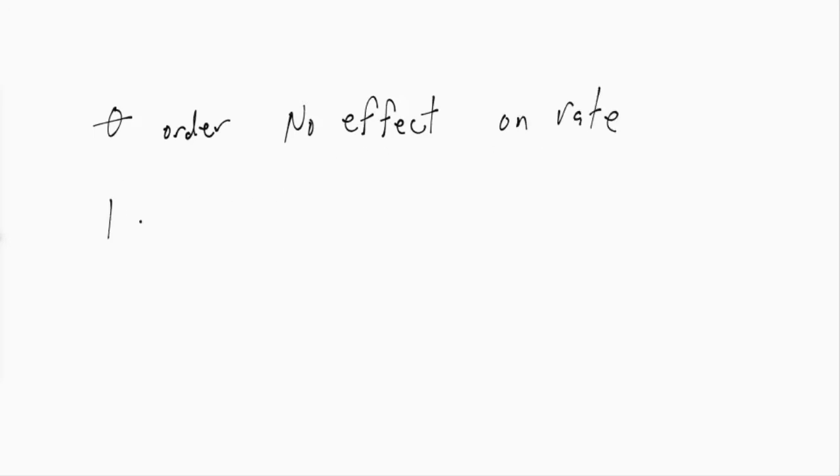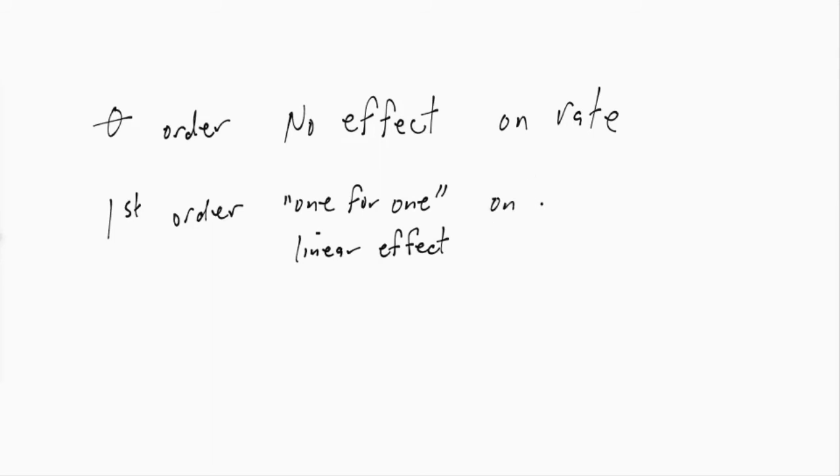If it's first order, it has, I'm going to call it, a 1-for-1 or a linear effect. Meaning that if I double the concentration, I double the rate. If I quadruple the concentration, I quadruple the rate.